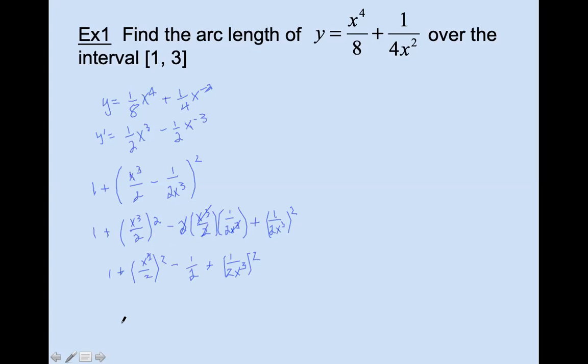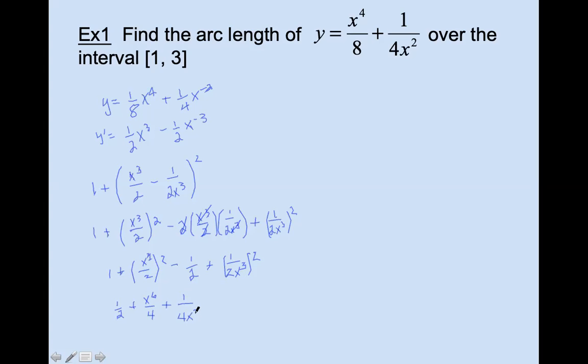At this point, I'm going to jump a step, and you can look at the worked out notes to see this. We have 1 minus 1/2 is 1/2. And then this next term is x to the 6th over 4. And this last term is 1 over 4x to the 6th.